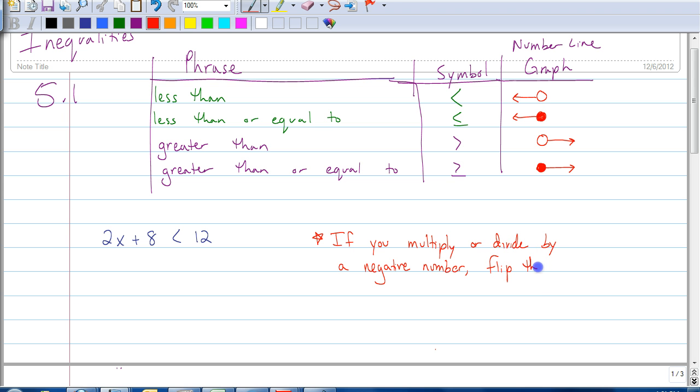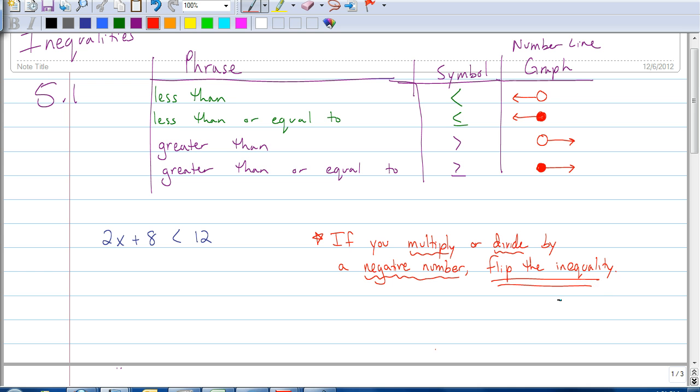We're going to flip the inequality. But the key here is it's got to be a negative number, and we've got to be multiplying or dividing. If we multiply or divide by a positive number, it's fine. It doesn't change anything. But if we ever multiply or divide by a negative number, then we have to flip the inequality.